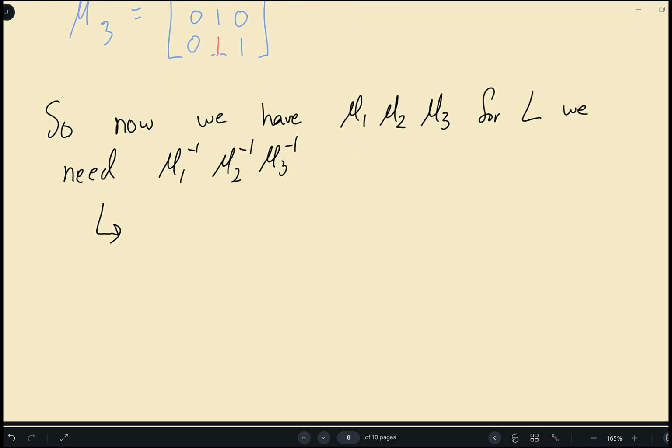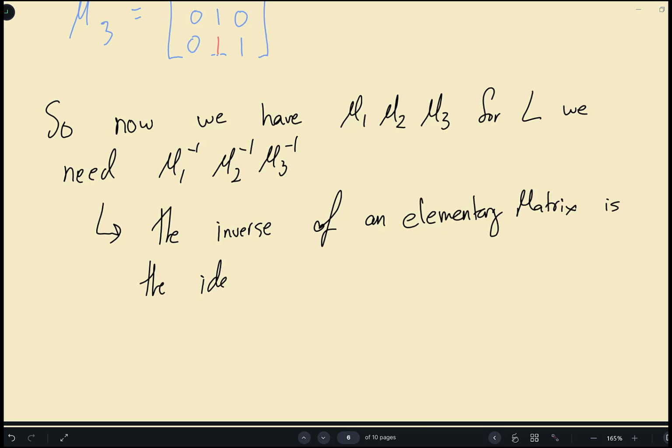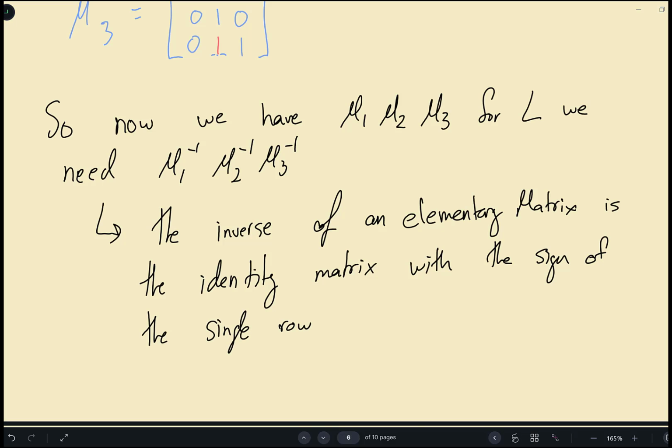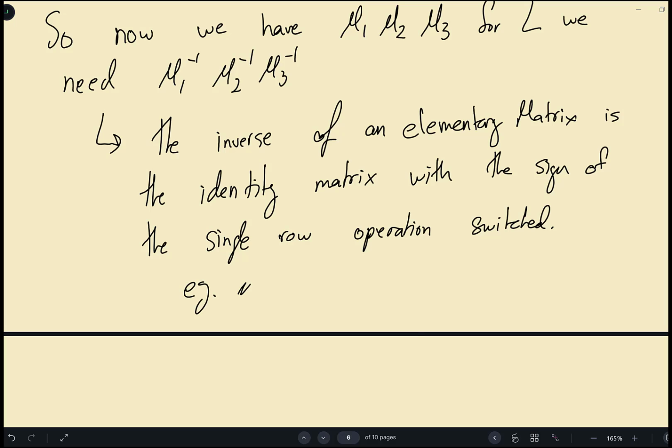All right, so let's write that in words. The inverse of an elementary matrix is the identity matrix with the sign of the single row operation switched. As an example, if it was 1, then you make it a -1. That's basically what we're saying when we say to switch the sign of the single row operation.